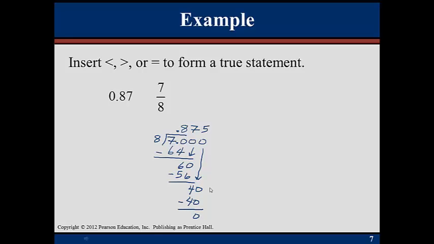And we get 0.875. So now we have 0.87 being compared to 0.875.